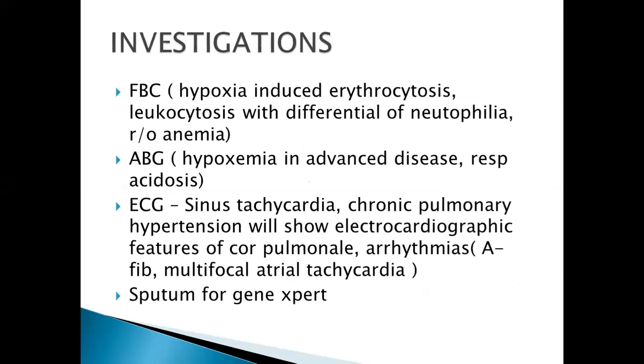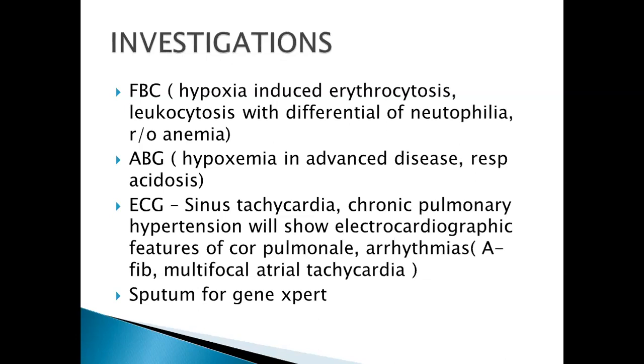And we know that when there's hypoxia, at the level of the kidneys, erythropoietin is secreted, and this will stimulate the bone marrow to increase erythropoiesis. And this leads to an increase in what we call the red blood cells, which is the hypoxia-induced erythrocytosis or the secondary polycythemia.